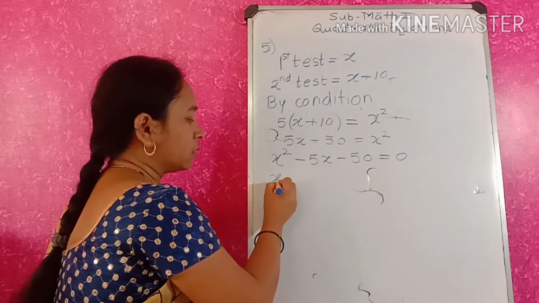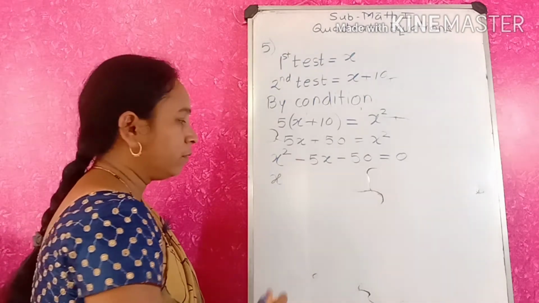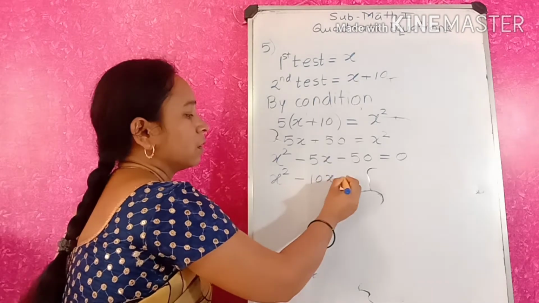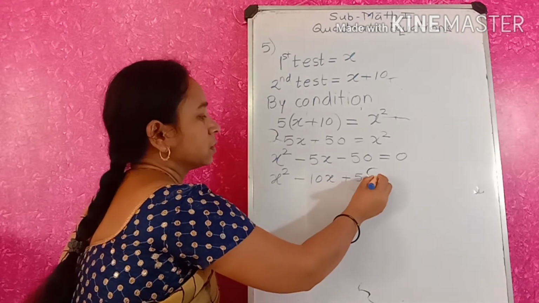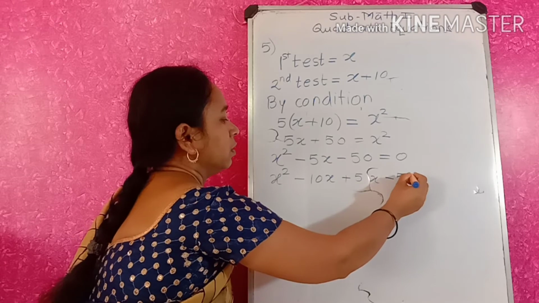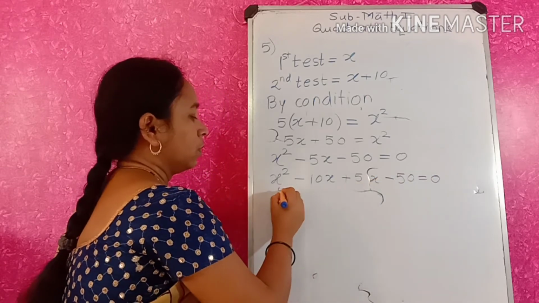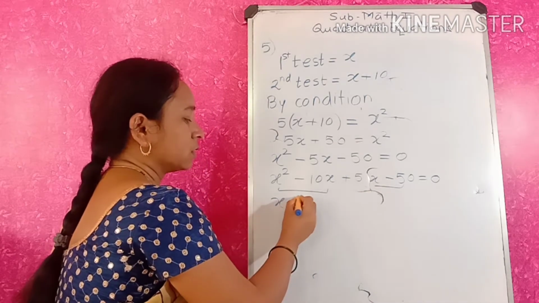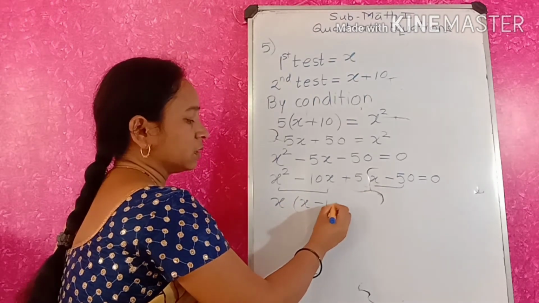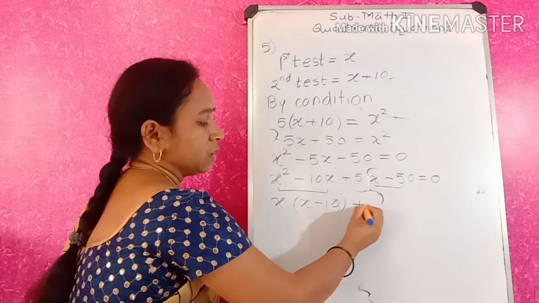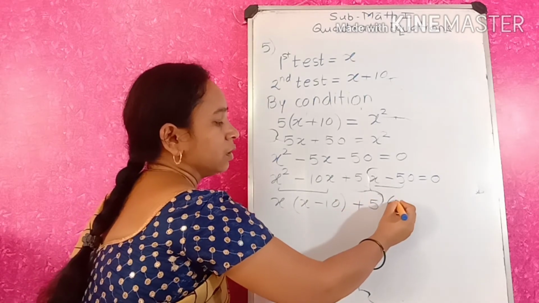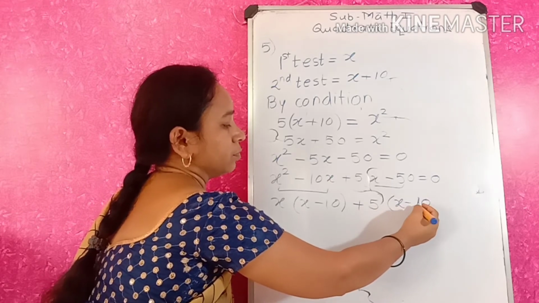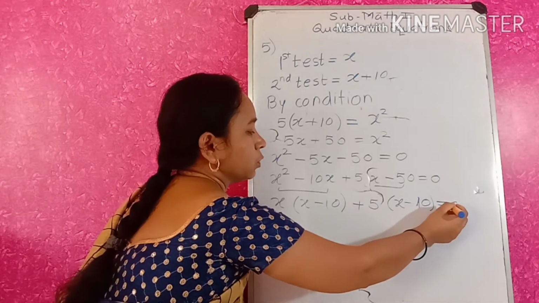So two factors would be 10 and 5. So x square minus 10x plus 5x minus 50 is equal to 0. Take common: x into x minus 10 plus 5 into x minus 10 is equal to 0.